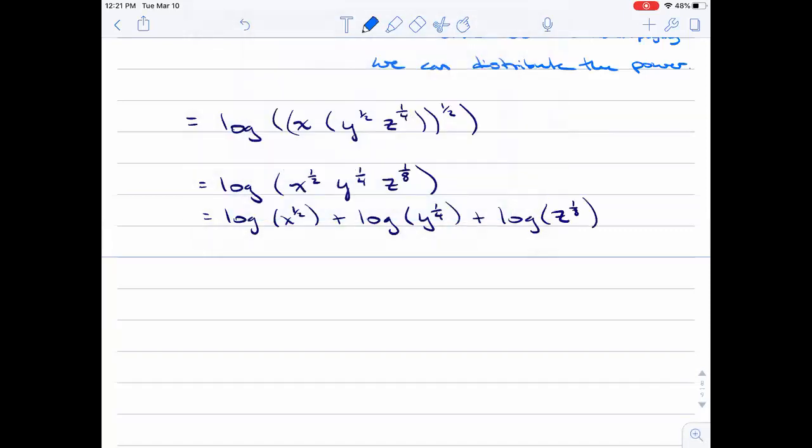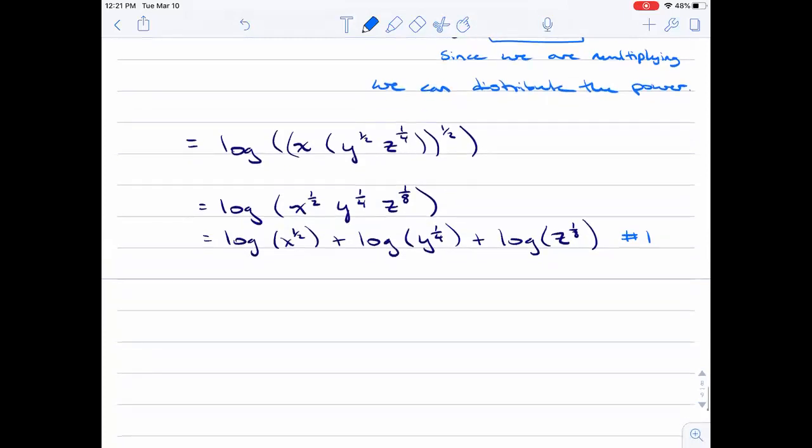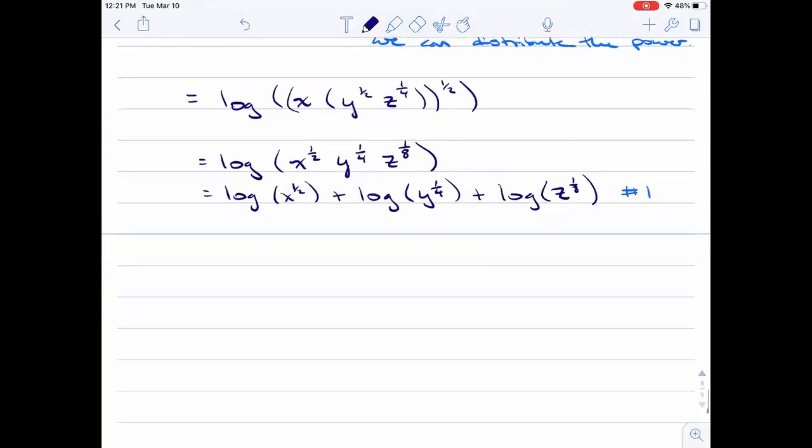And so here, this is law number 1. First law that we've used, I think. We just had to simplify to get there. And I can rewrite this, bringing that power down in front. So I get 1/2 times the log of x plus 1/4 times the log of y plus 1/8 times the log of z.